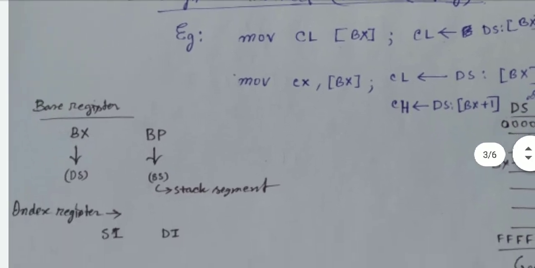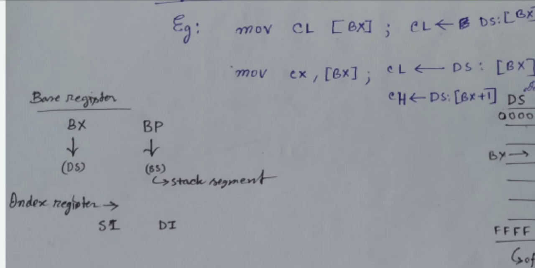Here we have the base register BX. We have four general purpose registers, we know that, and we can only use BX as a base register in the indirect addressing modes. Not AX, not CX, not DX, only BX.